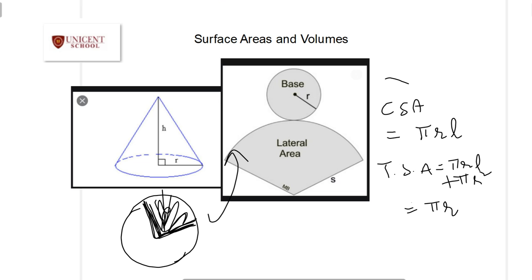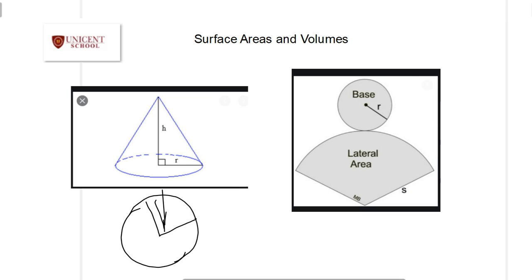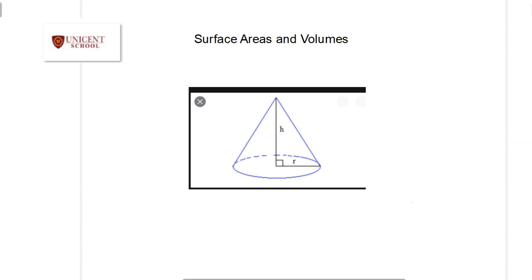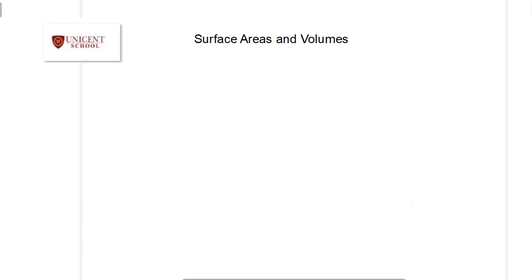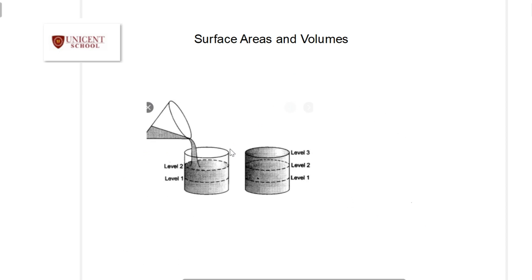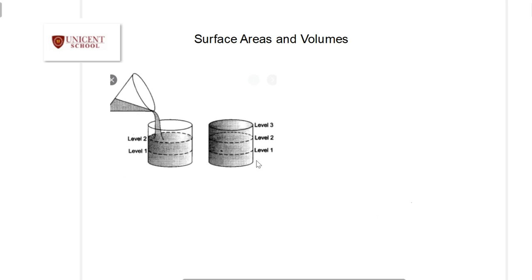That is the relation between their volumes, we will see. So let us take one example. This is a cylinder and a cone.